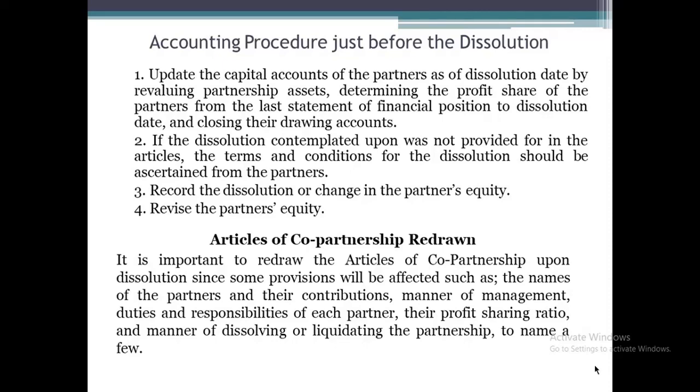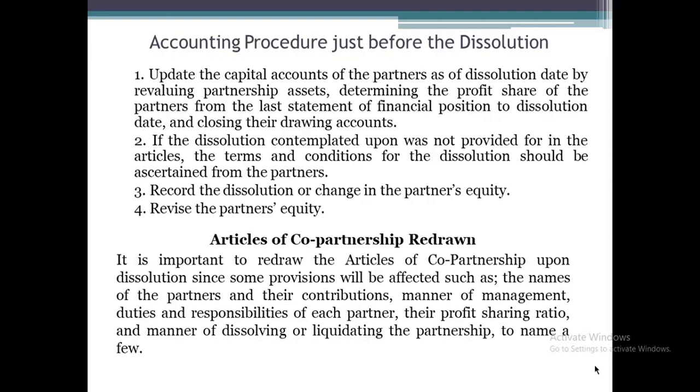Ayan. Determining the profit share of the partners from the last statement of financial position to dissolution date. So, i-determine nila kung magkano ba yung hati nila, kung ang huling pag-distribute nila ng profit is noong December 2020, tapos magdi-dissolve sila ngayong May 2021.